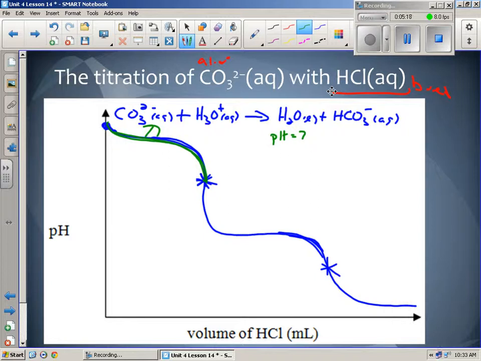Now I don't know what concentration I started with, and that obviously has an effect on it. But could I predict that pH? Think back to yesterday. Did we do that yesterday? We start with some concentrations, obviously, yes. But I could kind of eyeball it, yeah? What do I get produced there? I get water and hydrogen carbonate. So what is that? Get your data booklets out. Well, is that an acid or a base?